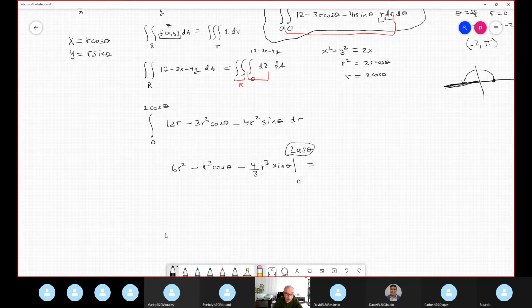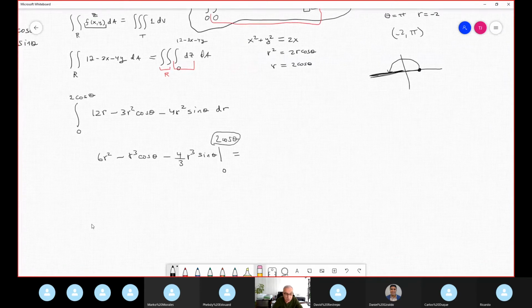Cosine is complicated because when you square this, 2 squared is 4, 4 cosine squared theta, multiplied by 6 is 24 cosine squared theta, minus, the second is cubic, so 8 cosine.